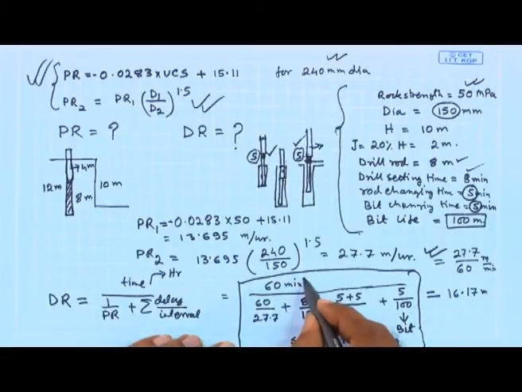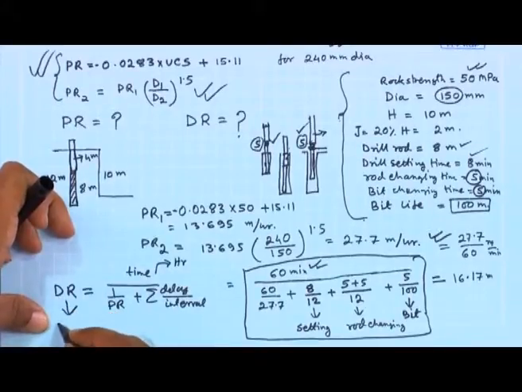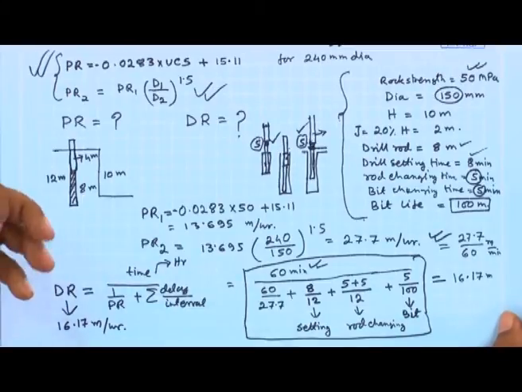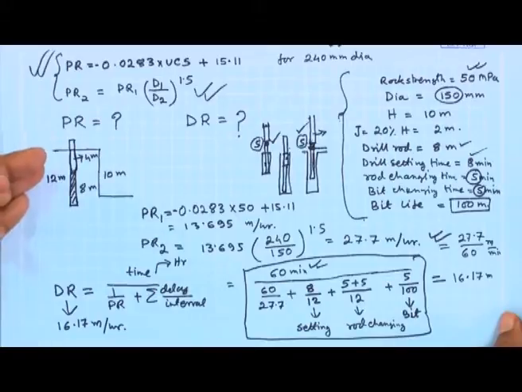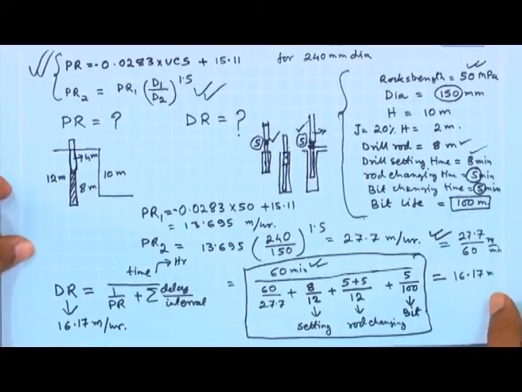So, as it is for 60 minute, we can say the drilling rate is basically 16.17 meter per hour. So, this is the basic idea about determining the penetration rate and the drilling rate. However, let us understand this in a better way if we draw the time diagram for this.